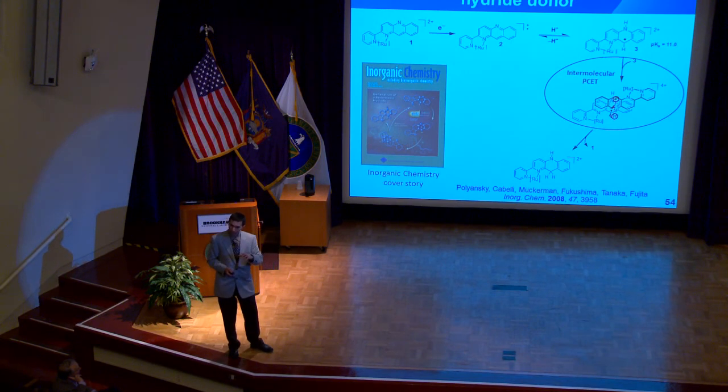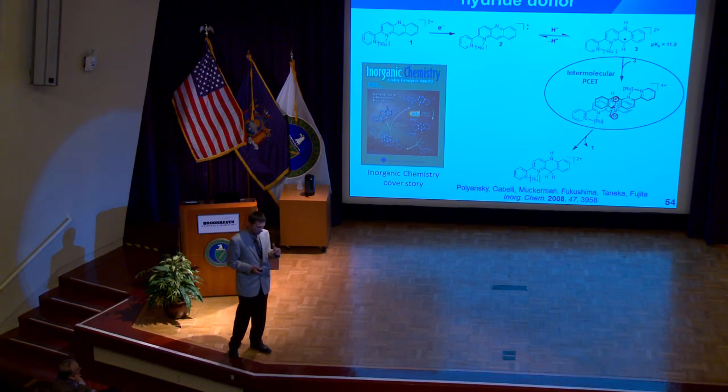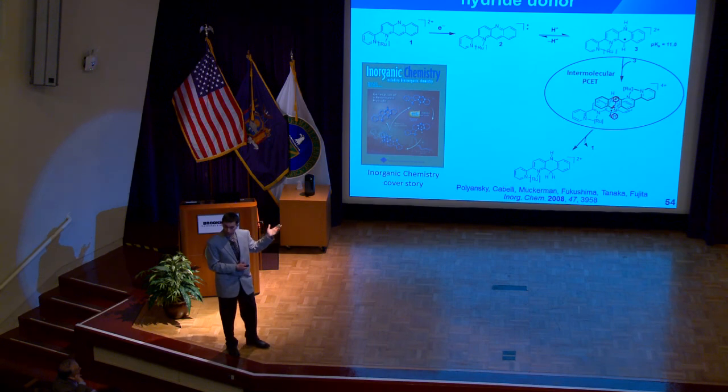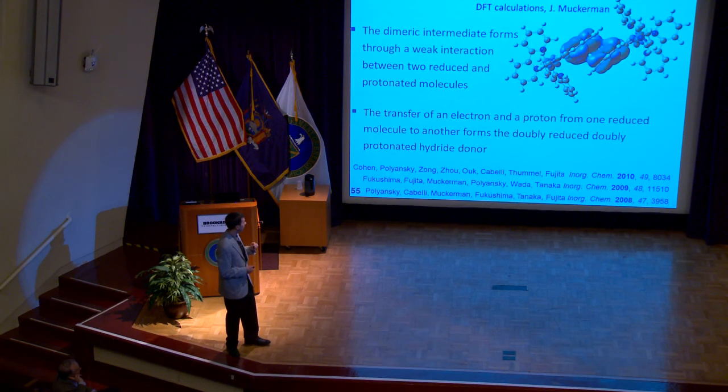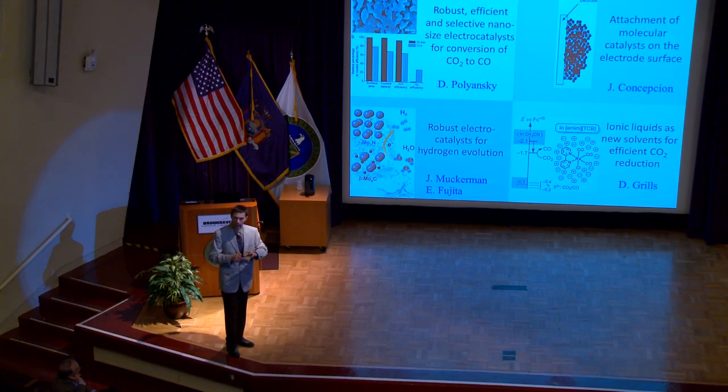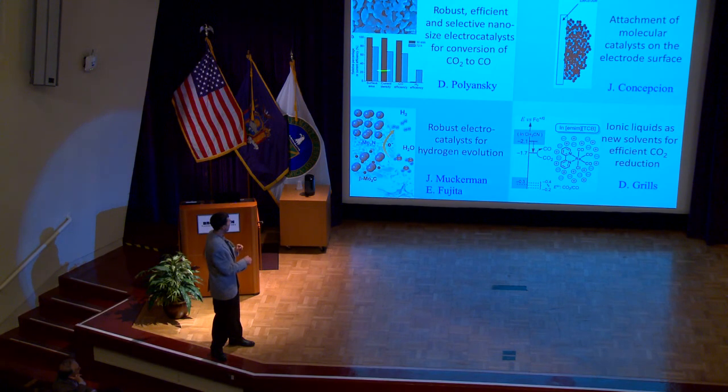But the way I see one of the potential approaches to improve the stability is, instead of using molecular catalysts, to use systems which do not have any carbon or hydrogen. I mentioned very briefly at the end that we're pursuing some studies of totally inorganic systems. For example, in this case, we're studying catalysts which are based on pure metal and some other elements which are not carbon and hydrogen.